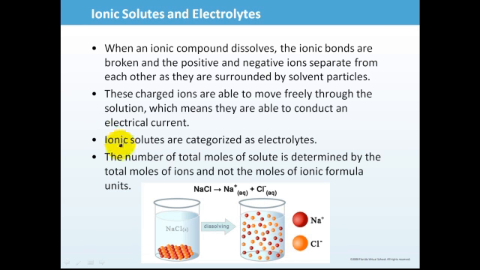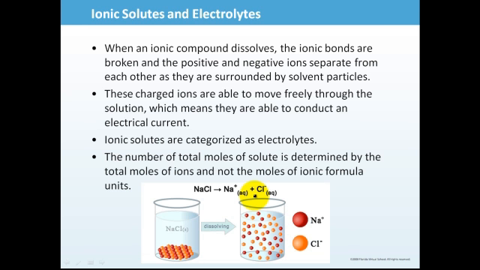Alright, so of course ionic solutes, as we just said, are electrolytes. Now the thing here, though, that you need to notice is that the number of moles of solute is really the number of moles of ions. Okay, we take NaCl, which is one compound, but when we dissolve it, we end up with two particles, Na+ and Cl-. So when we're dealing with ionic compounds, and remember for colligative properties, we want to know the number of particles in solution.